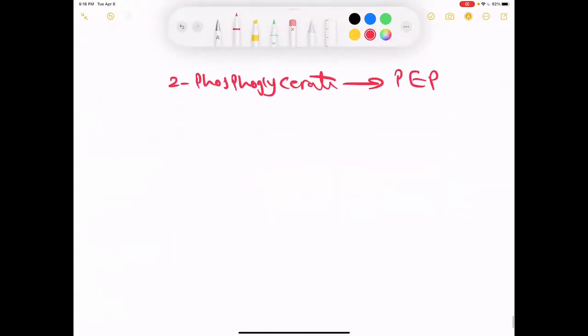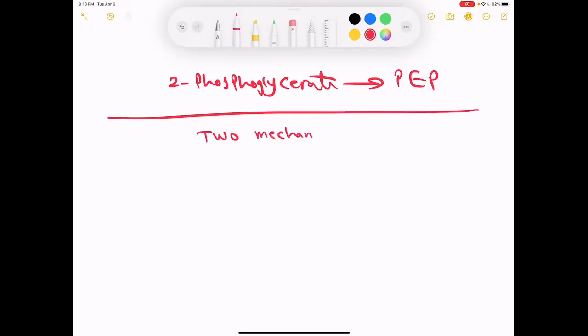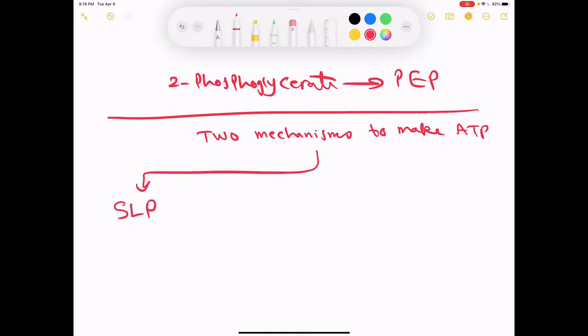A bit more about the substrate level phosphorylation business because it's going to come up. There are 2 mechanisms to make adenosine triphosphate. One is what we just did, substrate level phosphorylation.